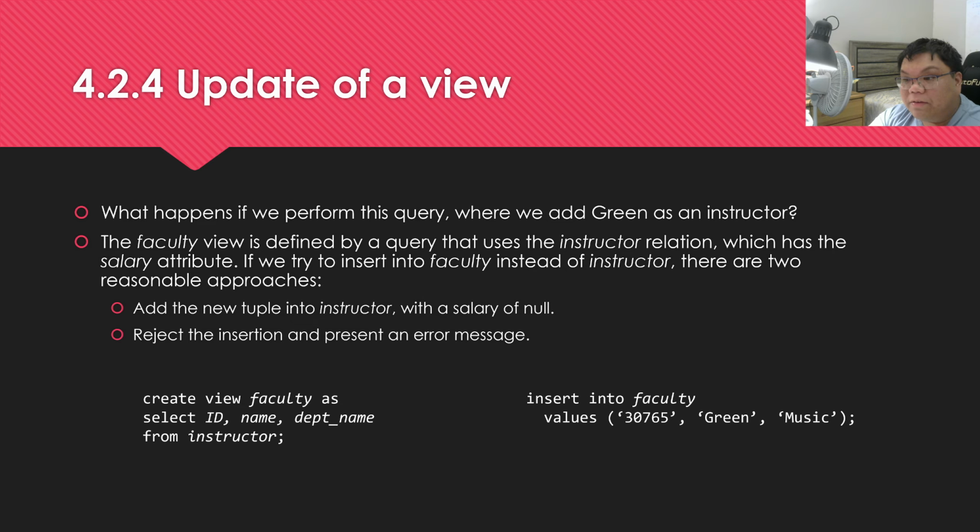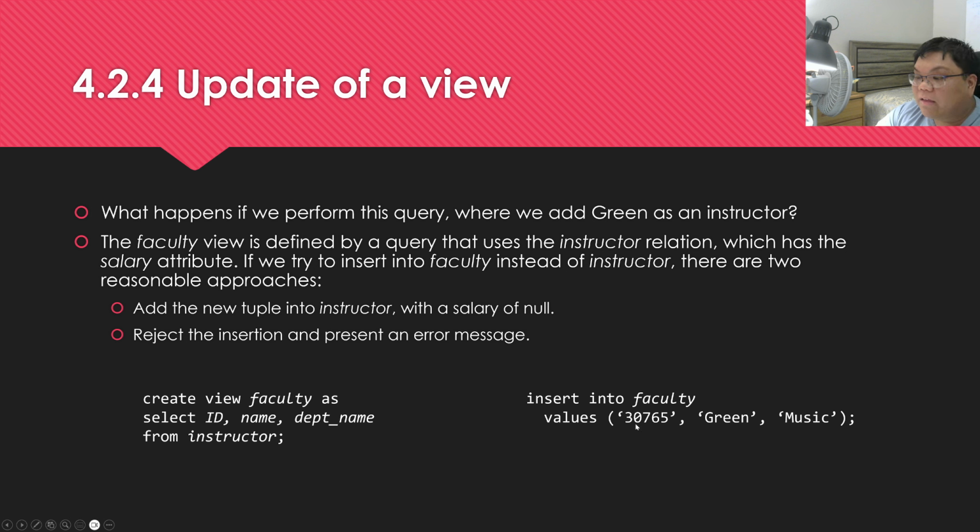So the faculty view is defined by a query that uses the instructor relation, which has the salary attribute. However, the faculty view does not have a salary attribute. So, there are two reasonable approaches for evaluating this query here.